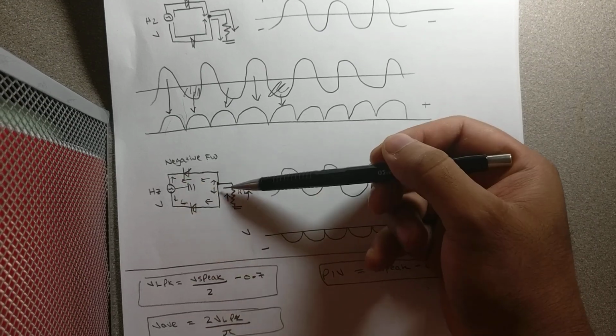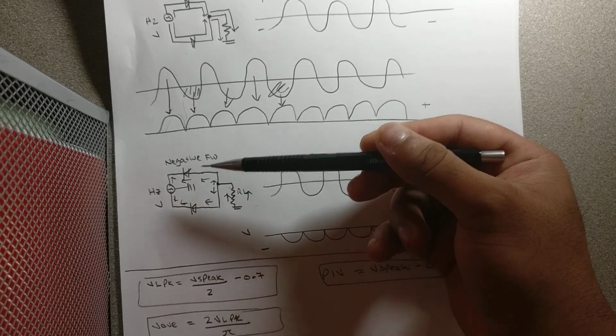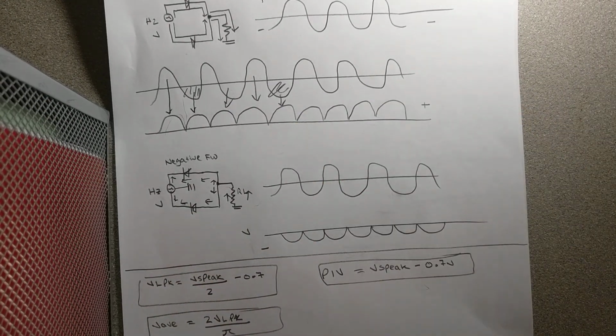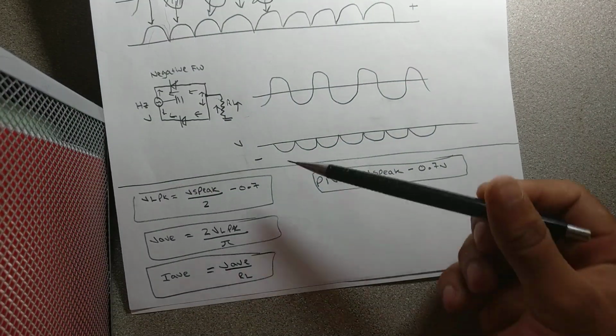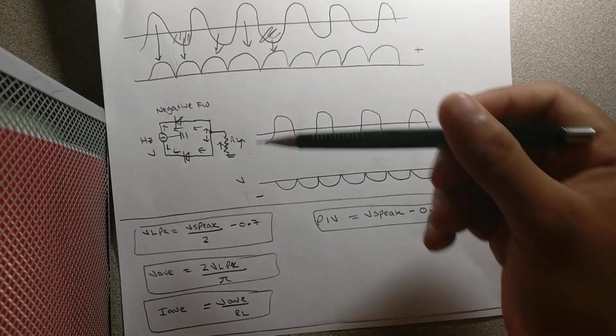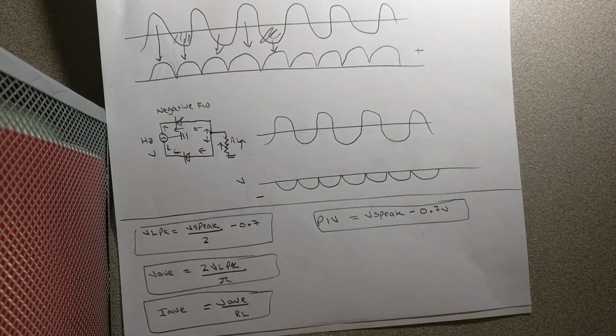When the electricity goes this way, it's pulling the electrons out of the ground towards the negative terminal. And this is what we call a negative full wave rectifier. So in this case, we're converting the positive cycle to a negative, and the negative stays negative.